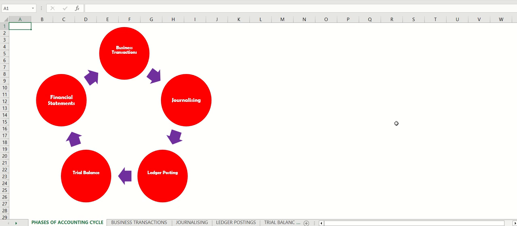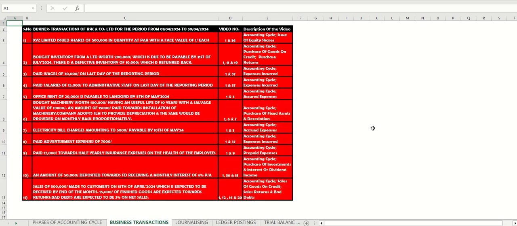As a first phase, which is a business transaction, RSK and Co have entered into multiple business transactions for the period 1st April 2024 to 30th April 2024.